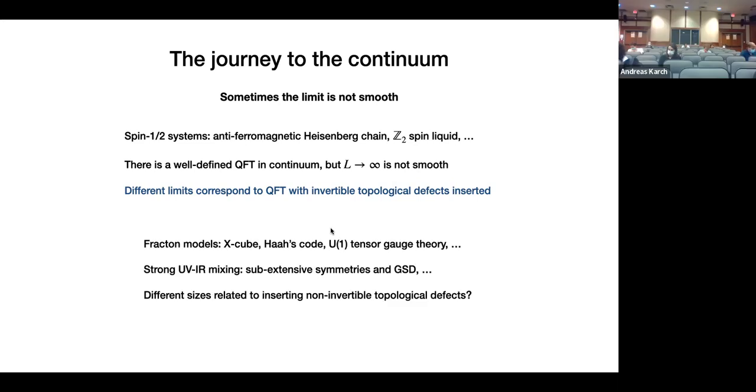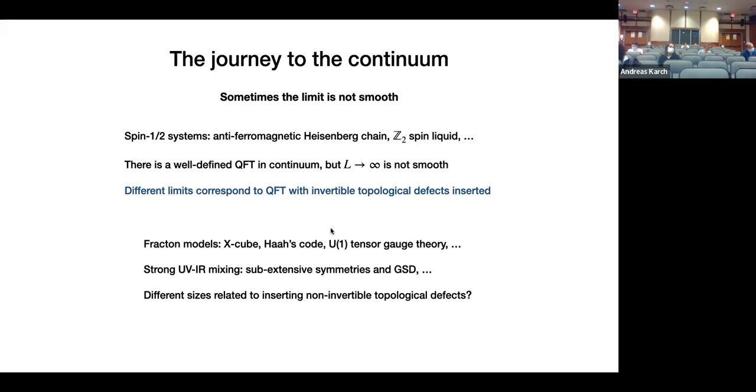I just want to quickly mention, to put it in the same context, that we also know there are even more severe violations, like non-smooth limits, and these happen in the fractal models, where we know that there's very strong mixing between the UV and IR. So lots of information of the UV lattice model leaks to the IR.